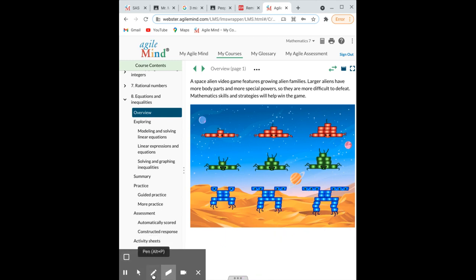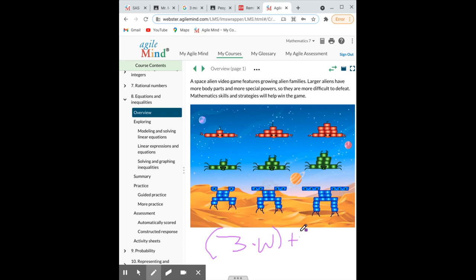All right, let's look at one more way. What if we had the expression 3 times w plus 3 times 8? How could this be rewritten using the distributive property?